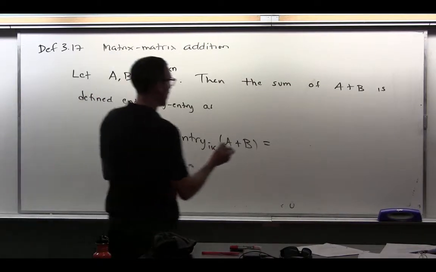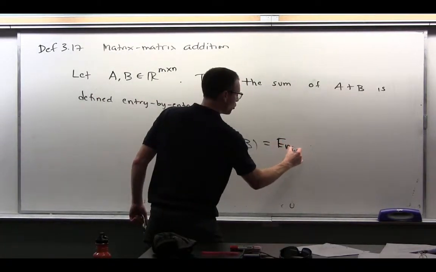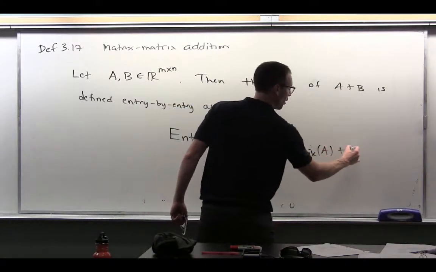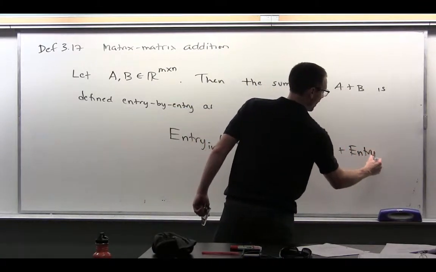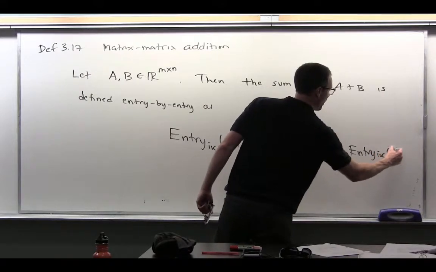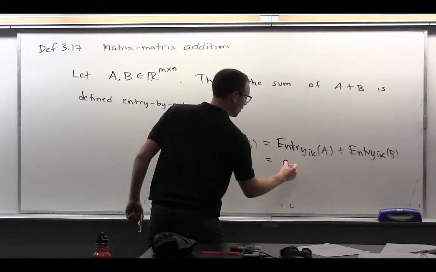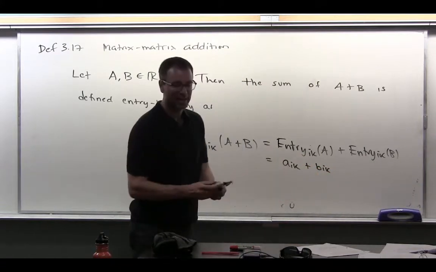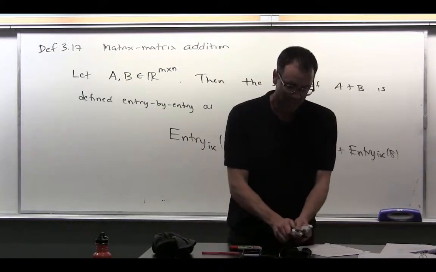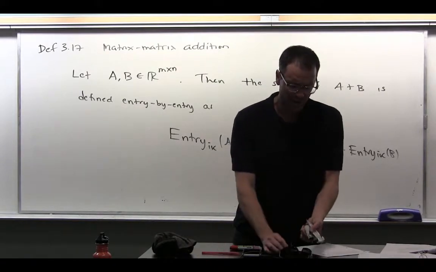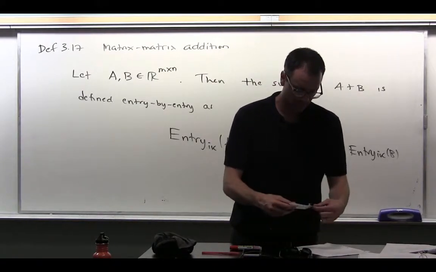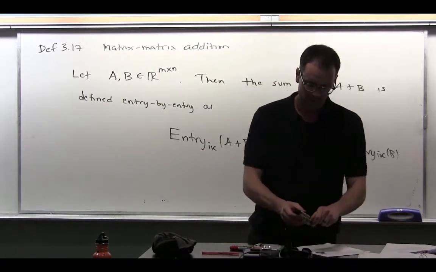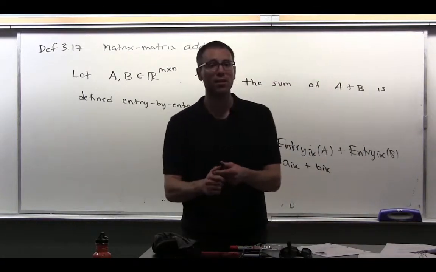So this would be entry ik of A plus entry ik of B. And what's another way to write that thing? aik plus bik. In other words, how do we define the entries of a matrix sum? Yeah, the sum of the individual entries.